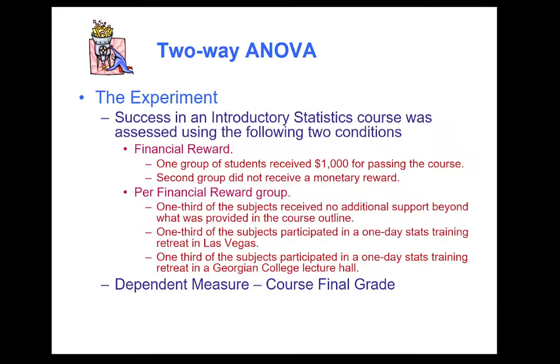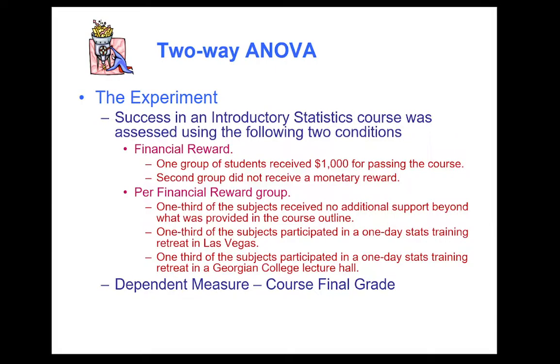The second independent variable is training type. For each of my financial reward levels, for example, for the ones who received a $1,000 bursary for passing the course, 1/3 of those participants received no additional support beyond what was provided in the course outline. 1/3 of them participated in a one-day stats training seminar retreat in Las Vegas, fully covered by Georgian College.